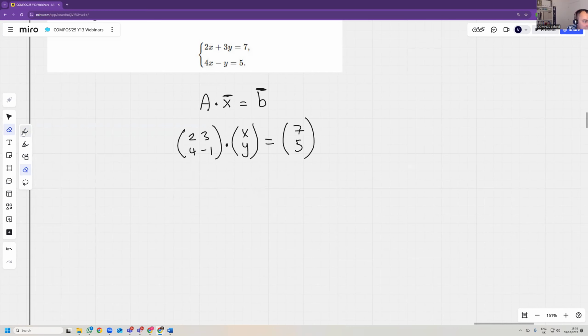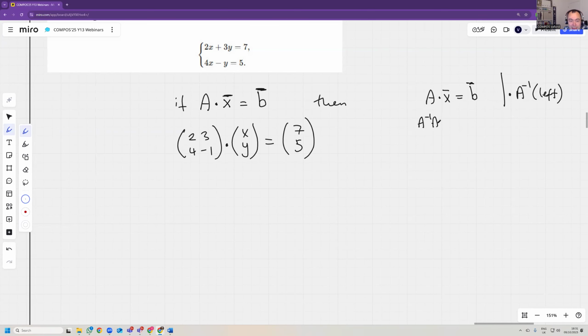But we know that if this is true, then we can write that the vector x is... Oh, let's do it properly. So A multiplied by vector x equals vector b. So I'm going to multiply both sides by A minus 1 on the left. Because we know, remember, matrix multiplication is not commutative, so you're multiplying it on the left.